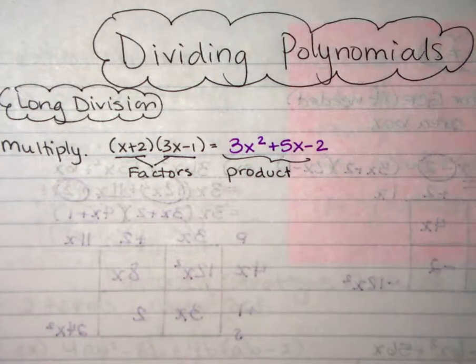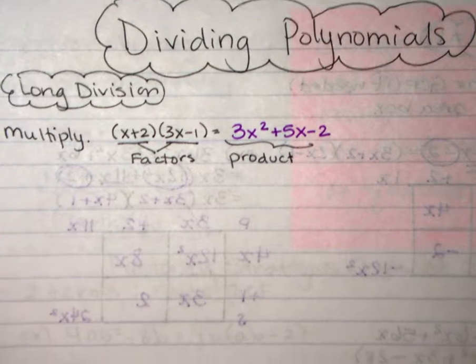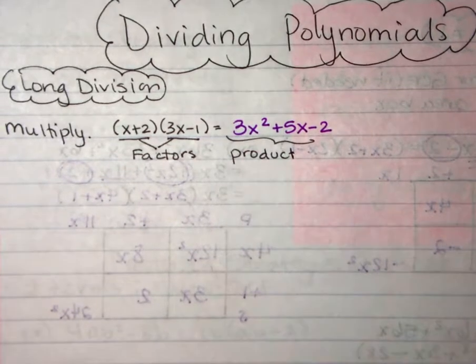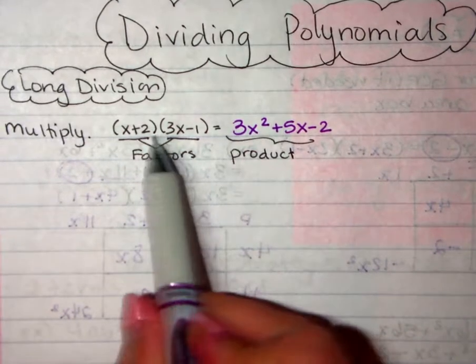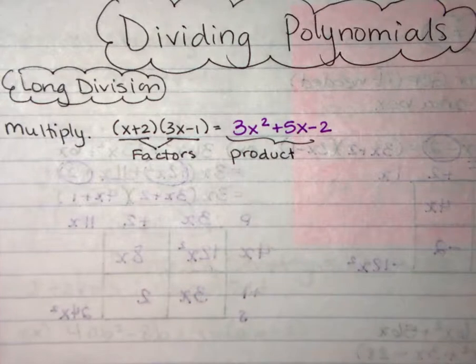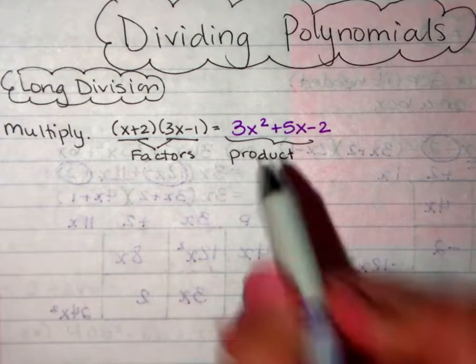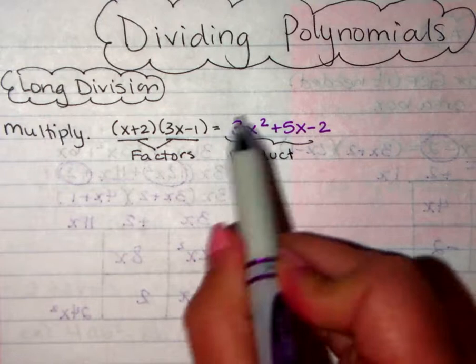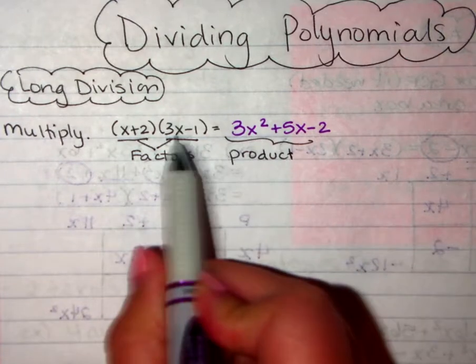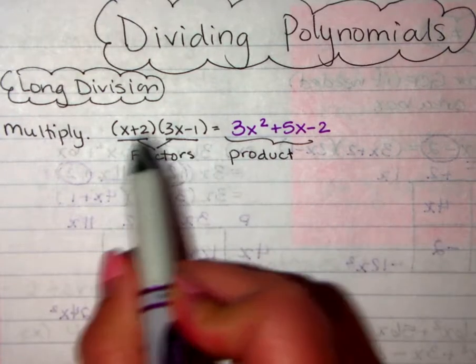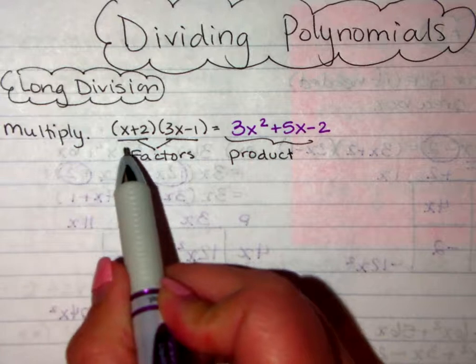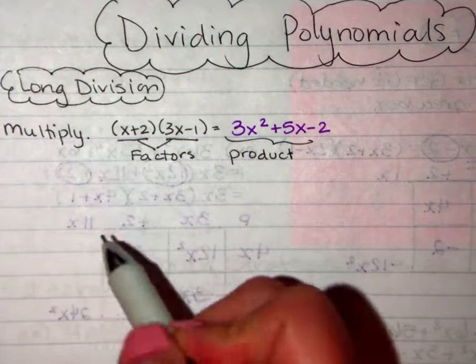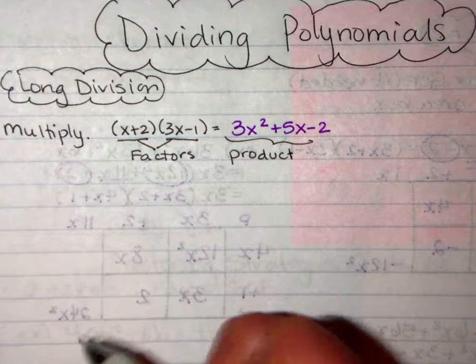Well, what long division does is undo the multiplication. So I want to start with a longer polynomial, and divide by one of the factors to see if the other factor is also correct, or in some cases, what the other factor is. So let's look at how this is going to be written.